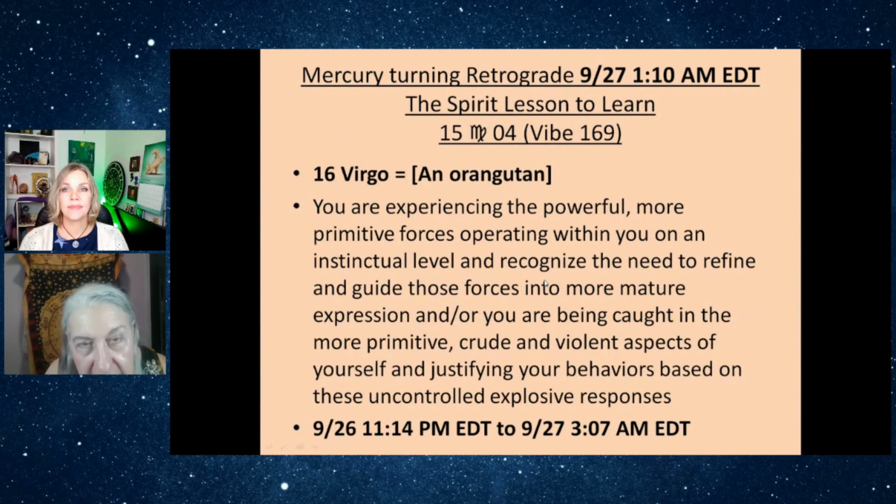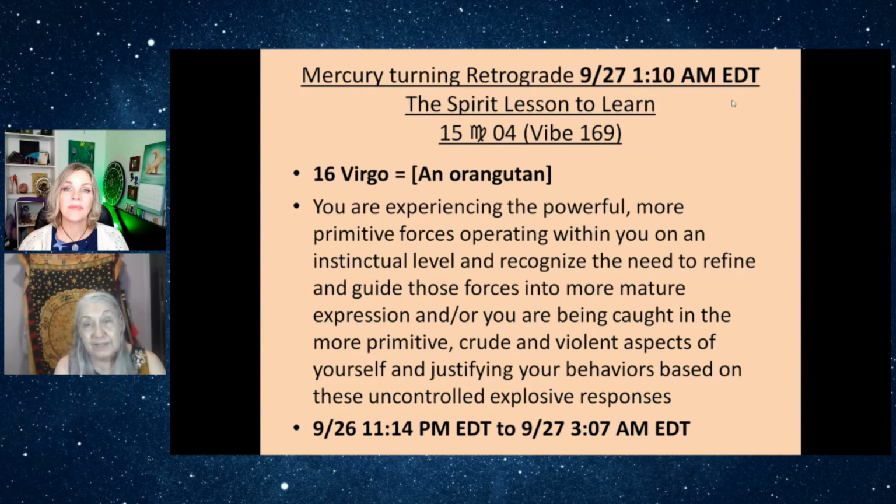Okay, now the most concentrated part is the spirit part, which is about 2 hours on either side of the exact retrograde time. And this spirit part has a Sabian symbol of an orangutan.